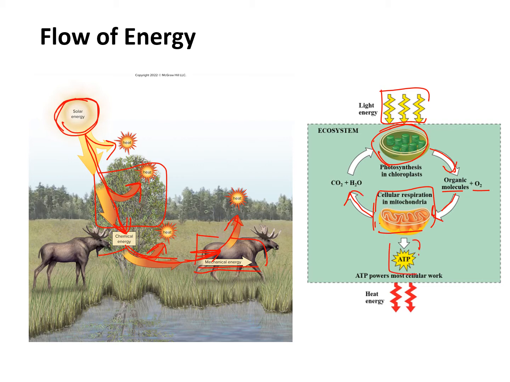So the end product is energy in the form of ATP. And the waste products are going to be carbon dioxide and water, which can be used as the reactants for photosynthesis. And throughout this process, every time you convert energy from one form to another, you're going to release some energy as heat. And remember, heat is disordered energy, increasing the entropy of the universe.